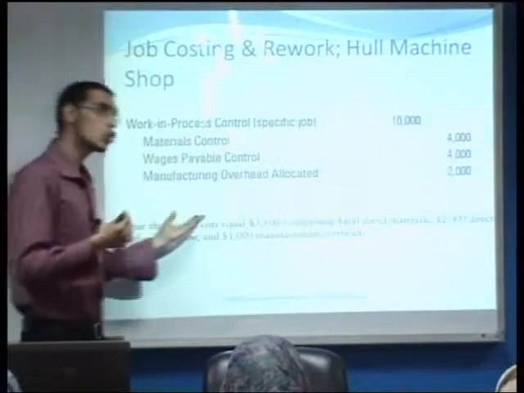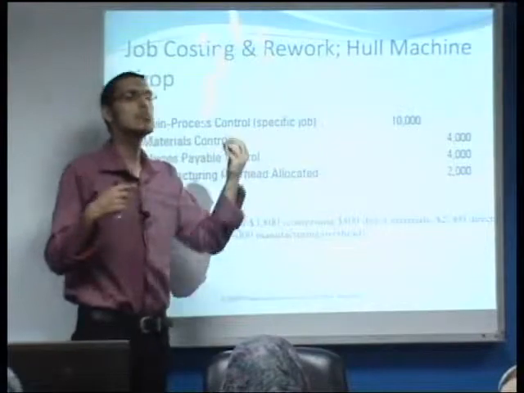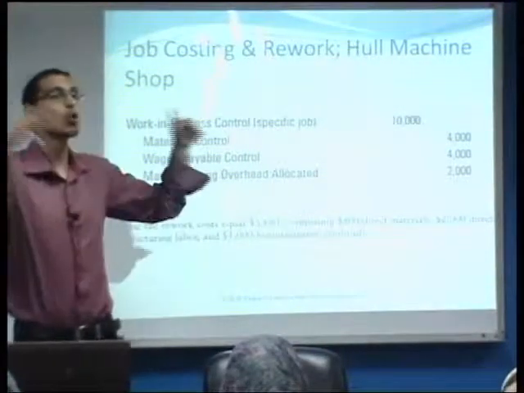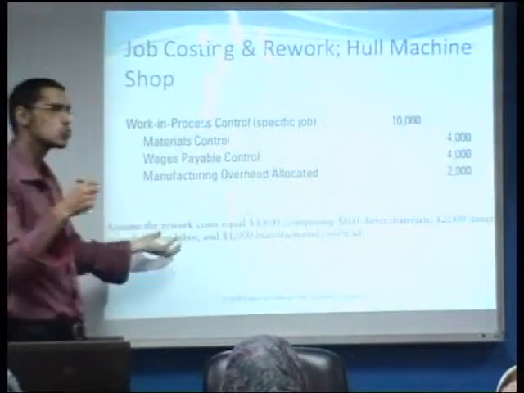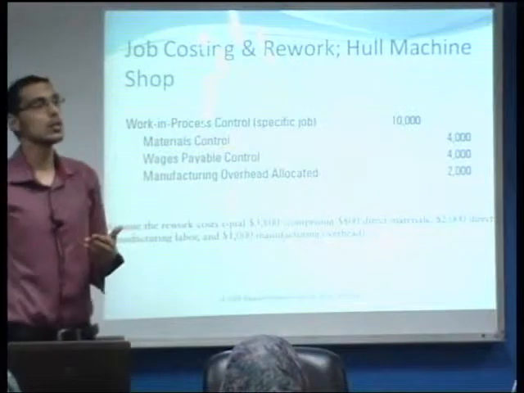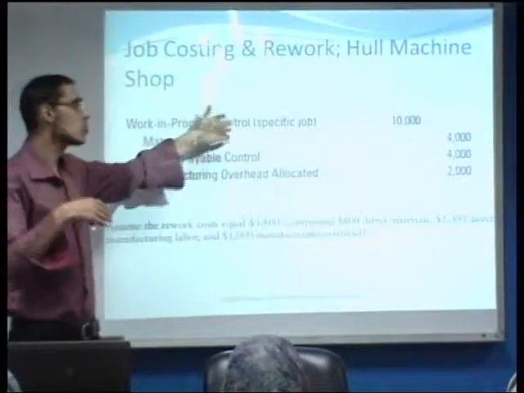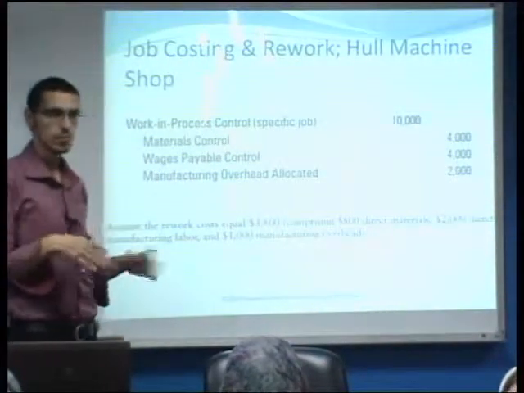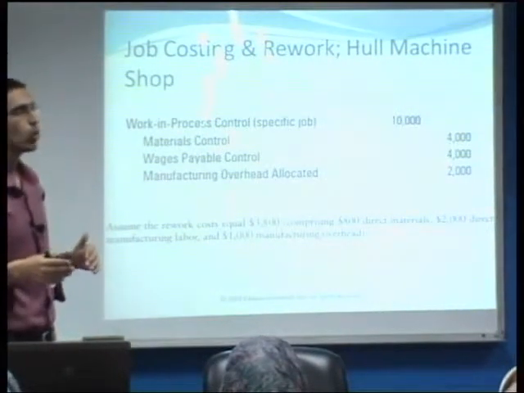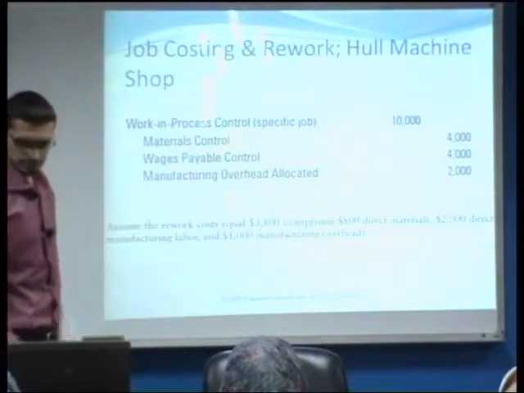What if these costs were deemed to be abnormal? Then it is considered abnormal rework, and these costs will be loaded onto the loss from abnormal spoilage or abnormal rework account. It is the same concept as the spoilage in the job costing setting.